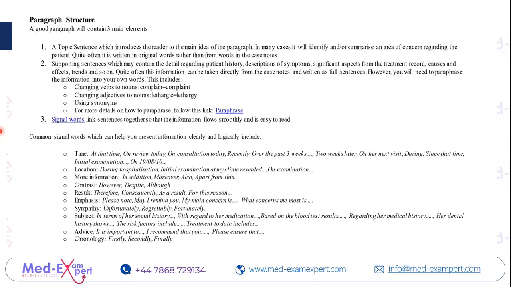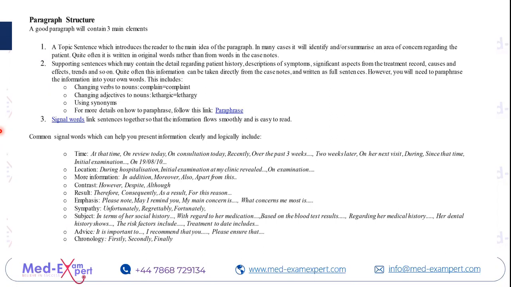Okay, next things we have here are some of the signal words which will help you present your information clearly and logically. For the time, you can use at that time, on review today, on consultation today, recently, 2 weeks later, on subsequent visit, on initial visit, on initial examination, during hospitalization, on examination.